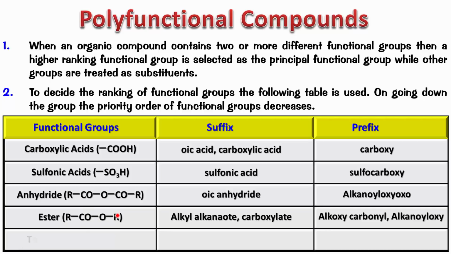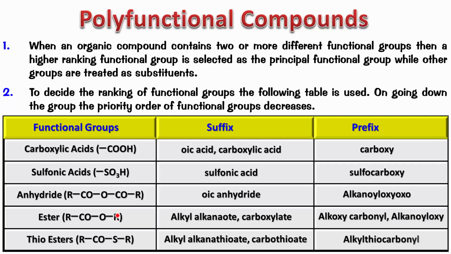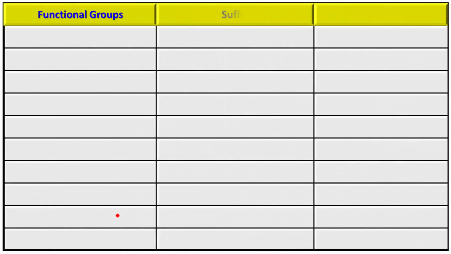The next one, thioethers, thioesters. We rarely see these, and they follow just like the esters. Now let's get the list going. It's a huge list. It's going to take some time. The next one is acid halide. In the case of acid halide, how does it end?